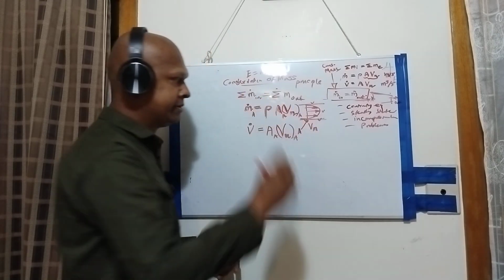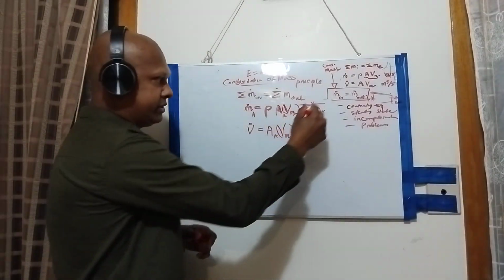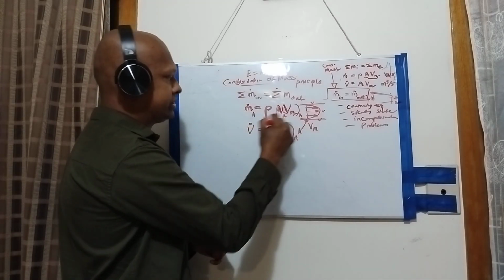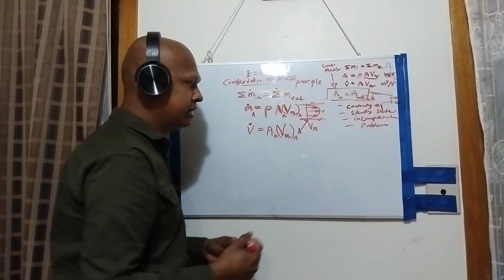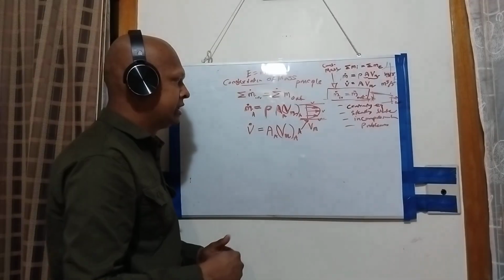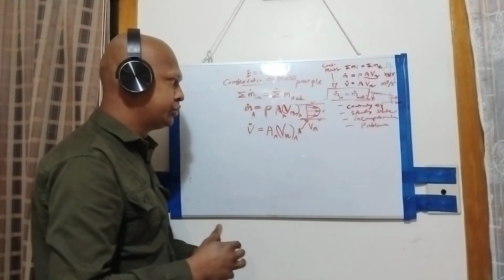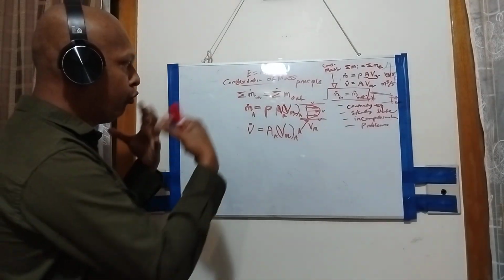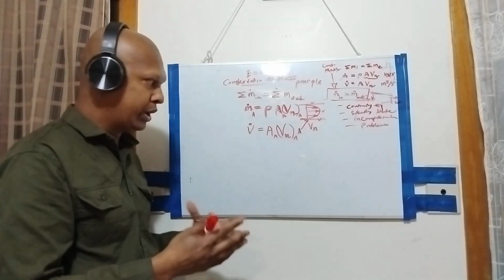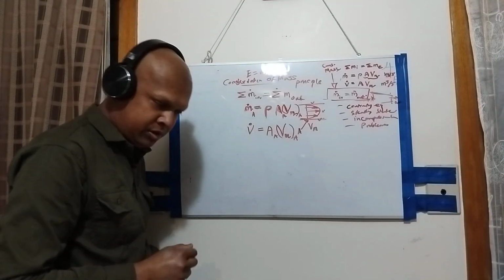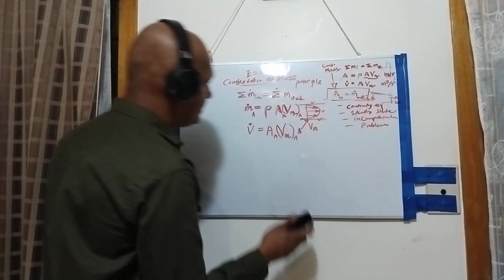If you consider that point A, the volume flow rate will be the nominal area times the mean velocity. That is pretty much what we discussed in our last video. Now we're going to move forward and discuss it further. So let's erase this.